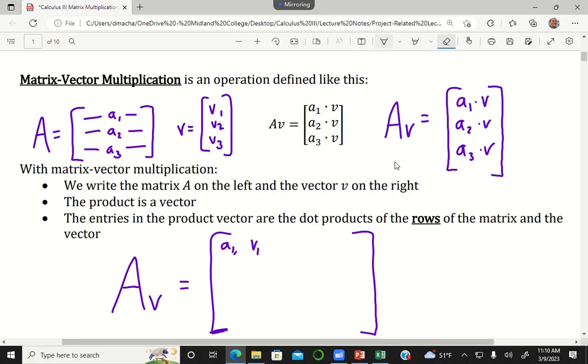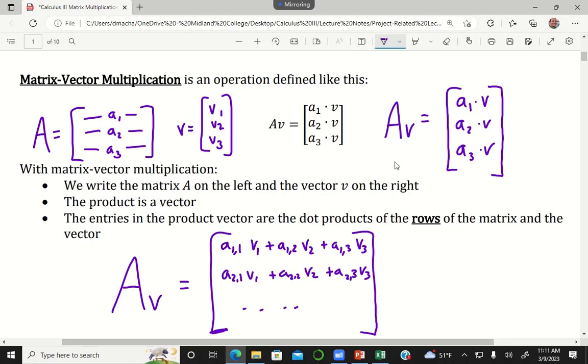That's just a scalar times a scalar, so that's not even a dot product. Plus, take the entry A1 comma 2 and multiply that times V2, plus A1 comma 3 and multiply that times V3. And then in the second row you do A2 comma 1 V1 plus A2 comma 2 V2 plus A2 comma 3 V3, and then so on for the third row.